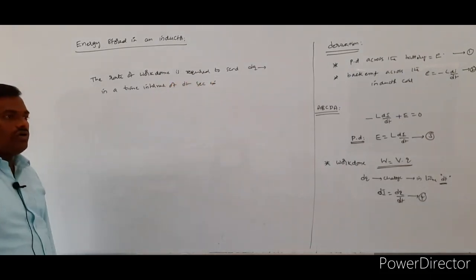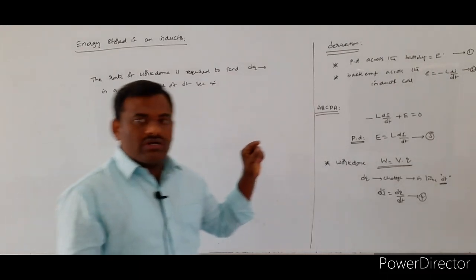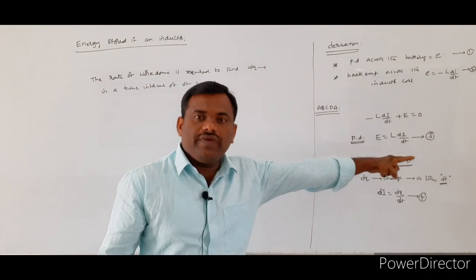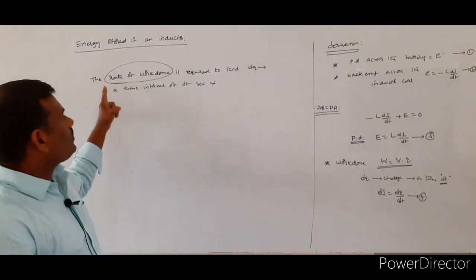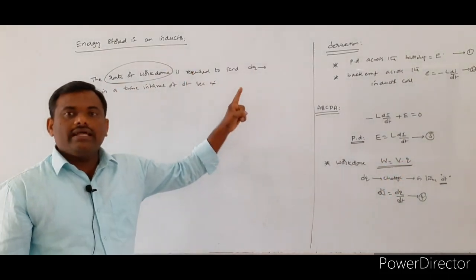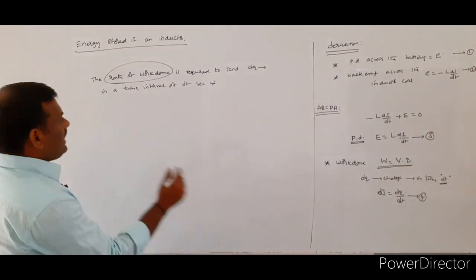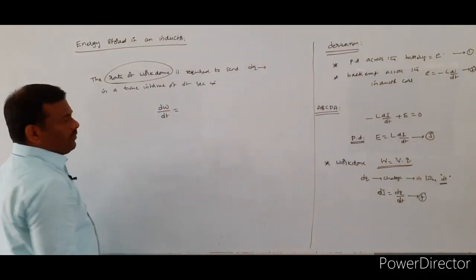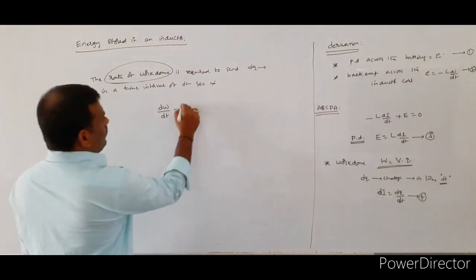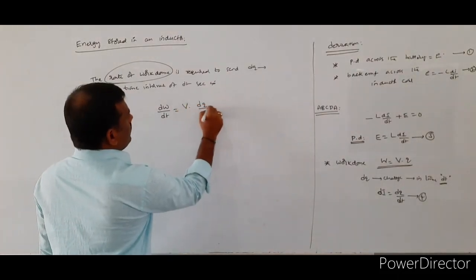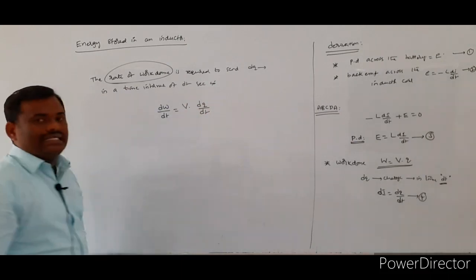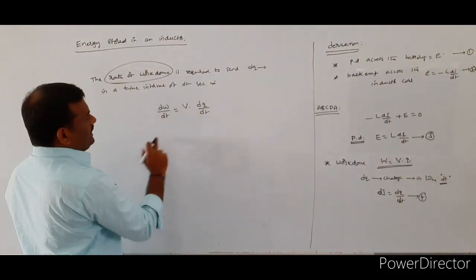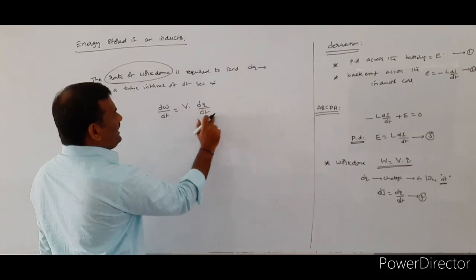So the rate of work done is dW by dt is equal to V into dq by dt.